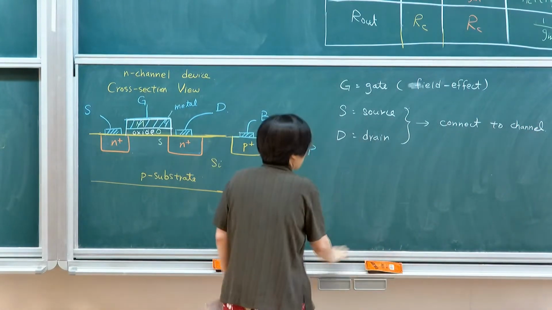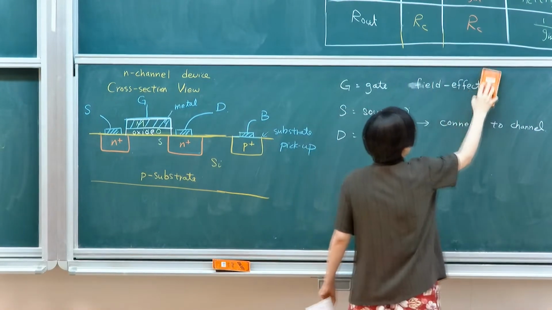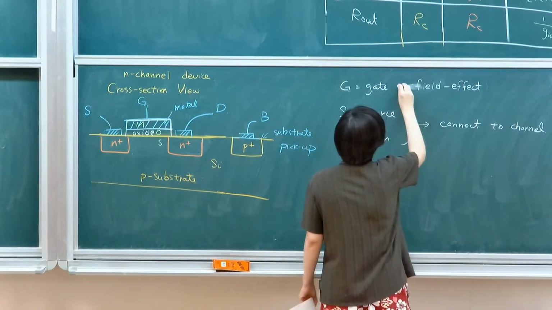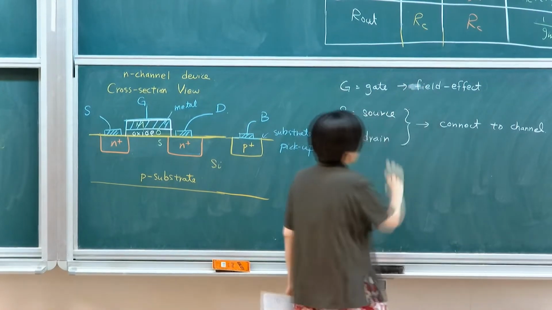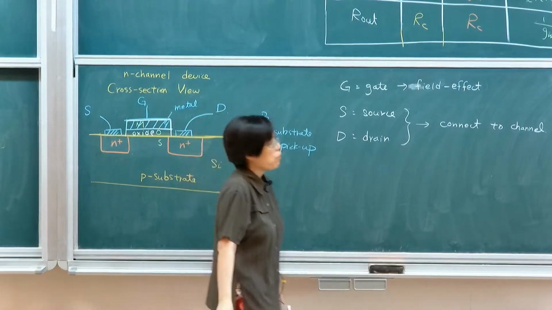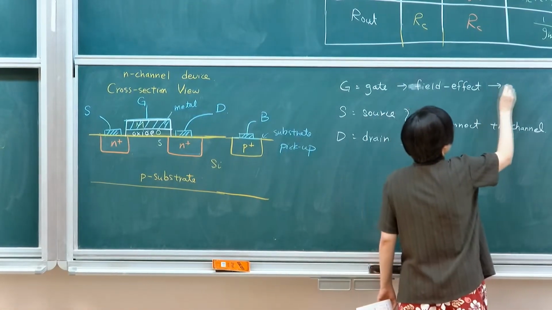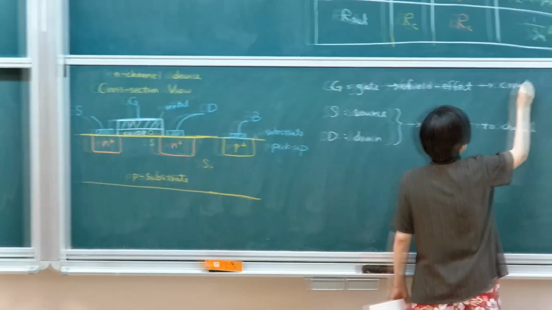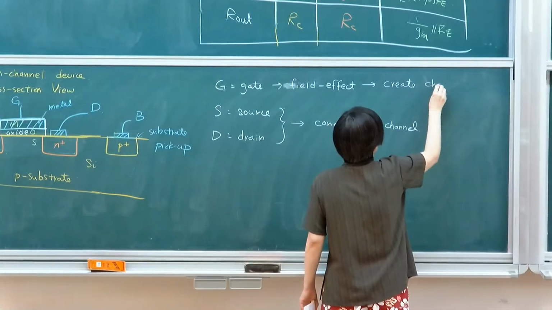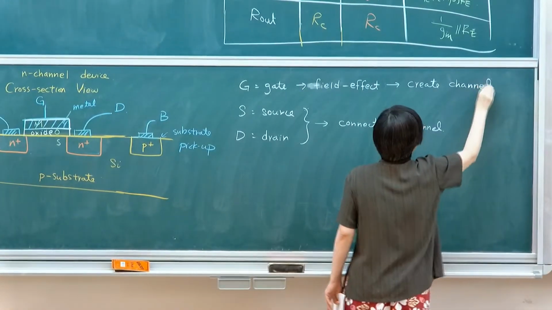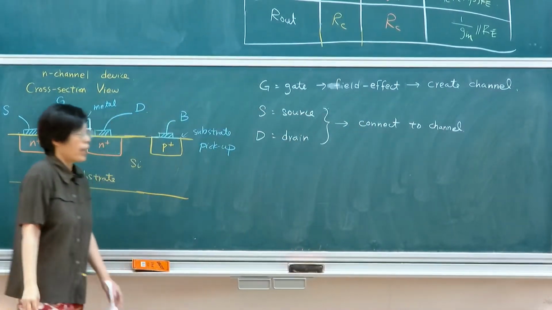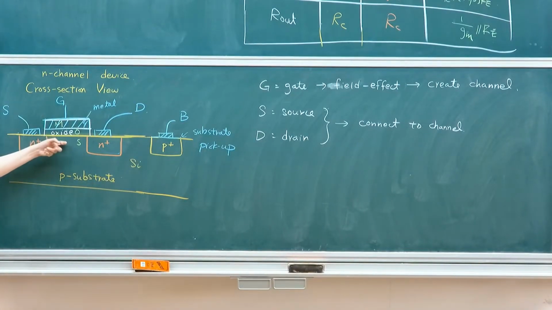Let me write it down more. The main purpose of the gate is, through field effect, to create a channel. So the main purpose of having a gate is to induce a channel.